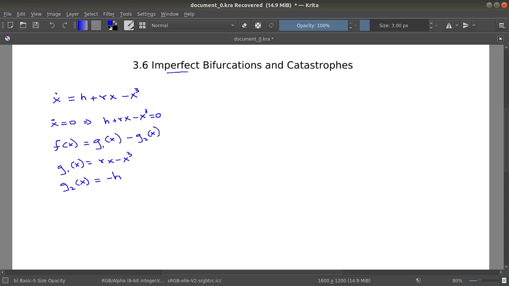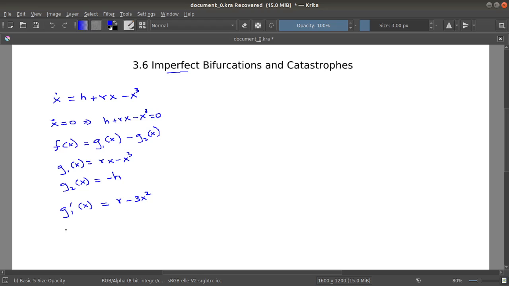Okay, so this is g1 of x and this is g2 of x. The slope of g1 of x, which is g1 prime of x, is equal to r minus 3x square.